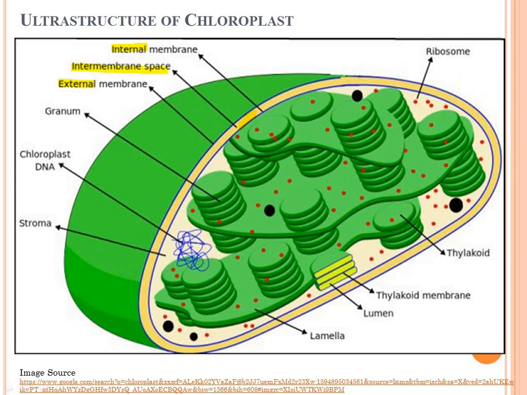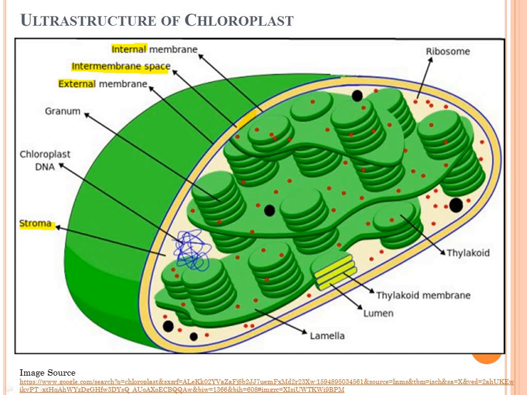Then inside the chloroplast, the free space is known as stroma. In mitochondria, it is known as matrix. Then these are the granas, these green colors. What are the granas?